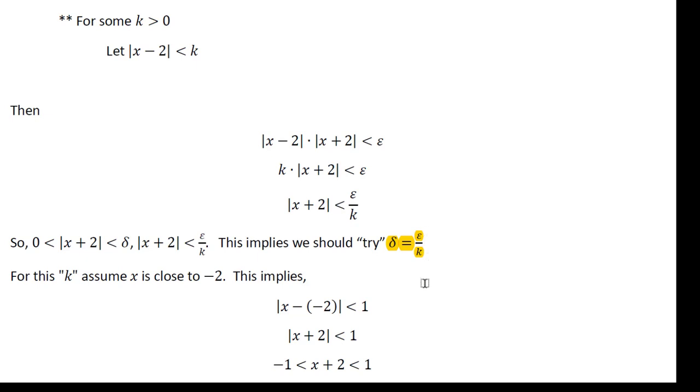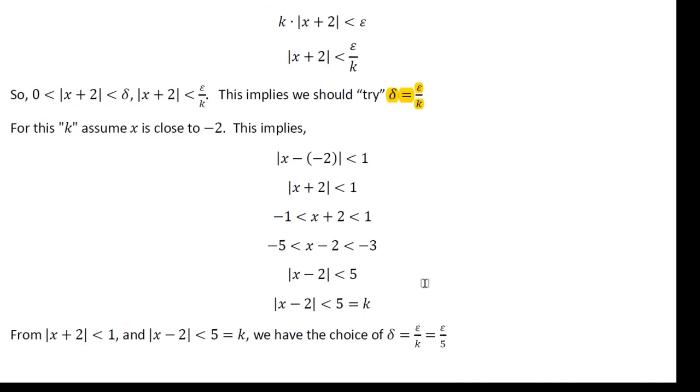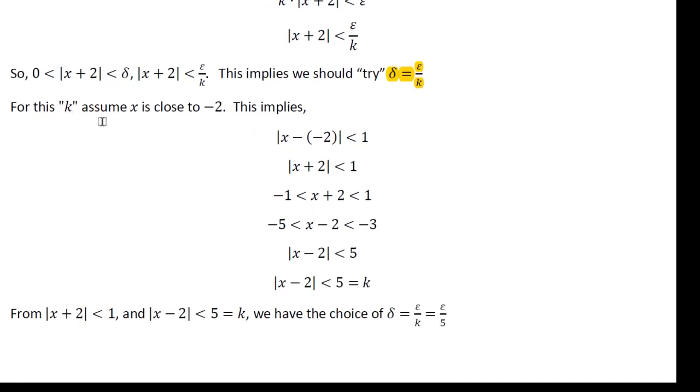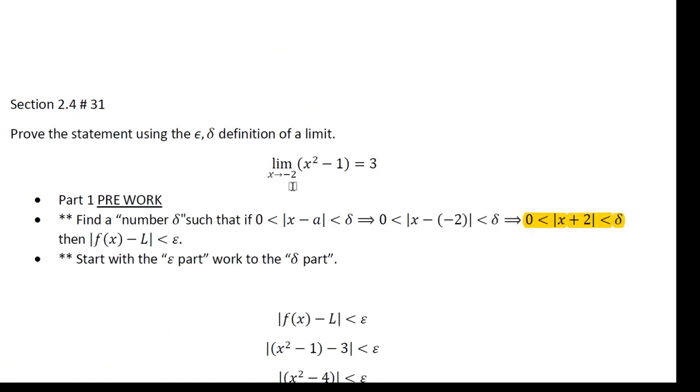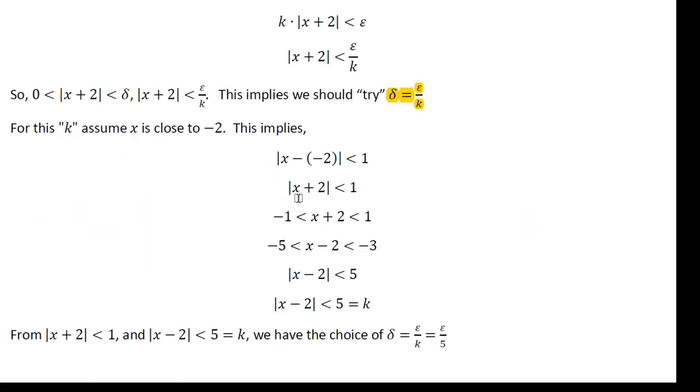Now what we need to do is figure out what values can we use for this k. For k, assume that x is close to negative 2. Because remember, we are looking at the limit as x approaches negative 2. So that means that x minus a, or x plus 2, the absolute value of that has to be close, so less than 1.